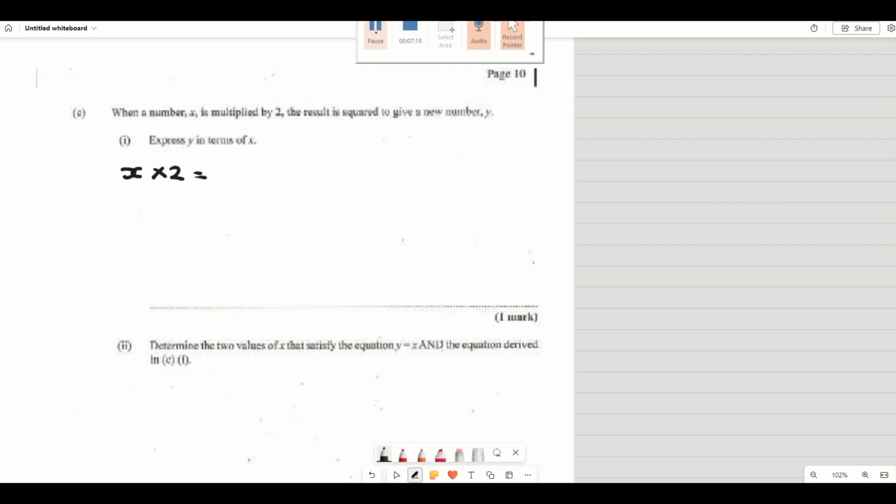So the result being x multiplied by 2 is squared to give you a new number y. So x by 2 is 2x. So 2x all squared is equal to y. So 2x by 2x is 4x squared is equal to y. And that would be your equation right here.